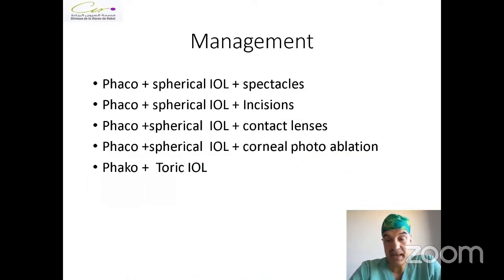The question to be asked here is: is it possible to correct with a single procedure the cataract and the post-traumatic corneal astigmatism? After giving the patient all information about the risk of this kind of surgery, because it's not a usual indication to use toric IOL in a post-traumatic context, we went ahead with phacoemulsification with a toric IOL.